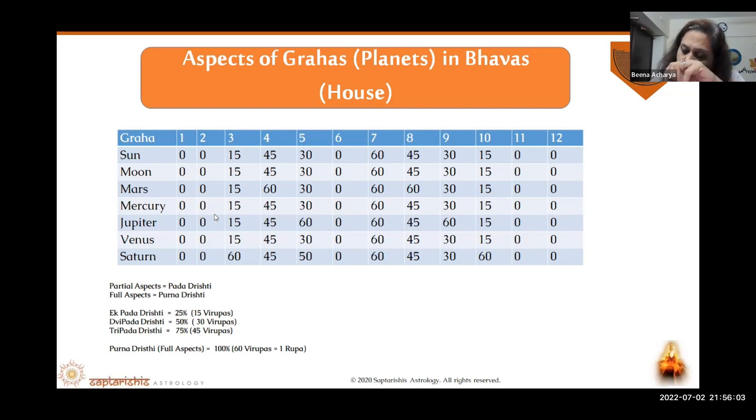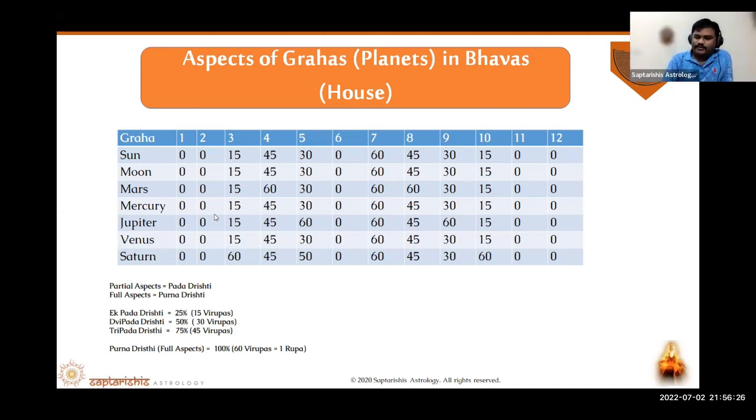Sir, in the technique which you have mentioned regarding Sun, Mars, and Mercury, is it only the third and seventh aspect which will count for the Sun, and not the fourth, fifth or ninth aspect?